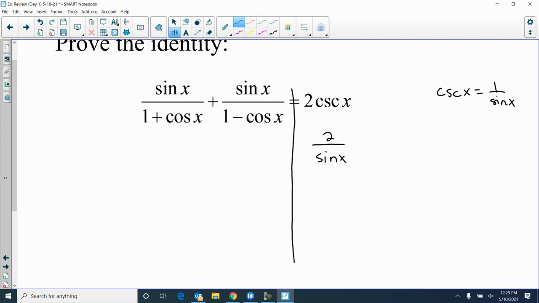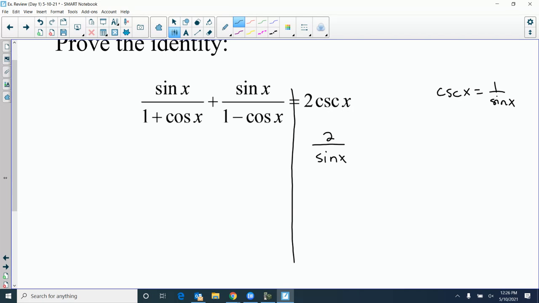Please re-explain that. Say that again. Well, 1 is equal to cosine squared plus sine squared, so sine squared is equal to 1 minus cosine squared. Okay, so you're saying that's cosine squared plus sine squared, right? Yeah. You can do that, but then you've got that problem with the cosine of x, because you can't square that without squaring that.